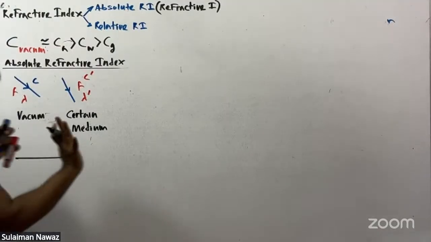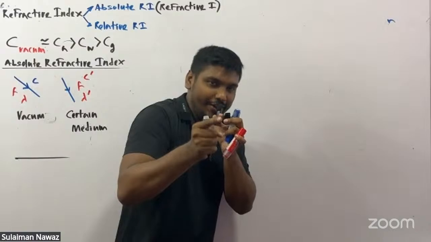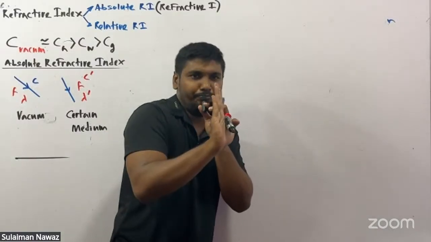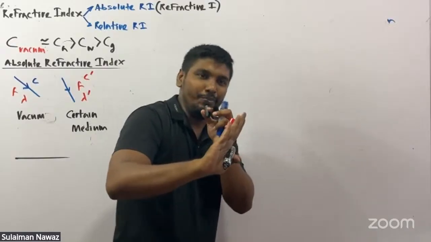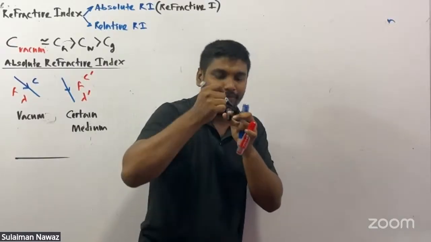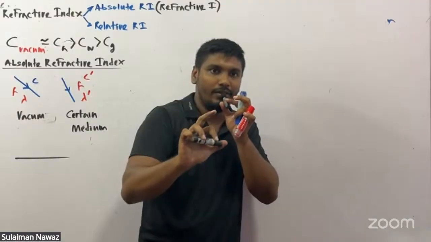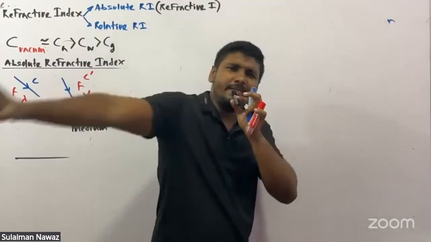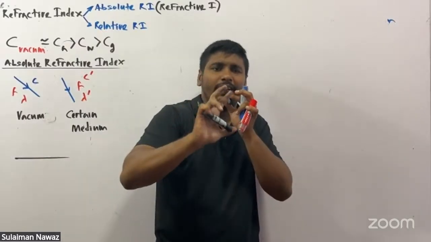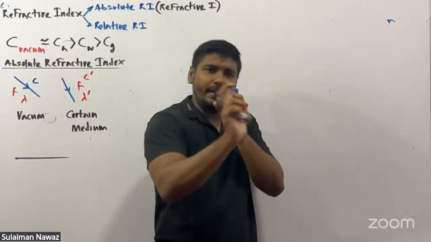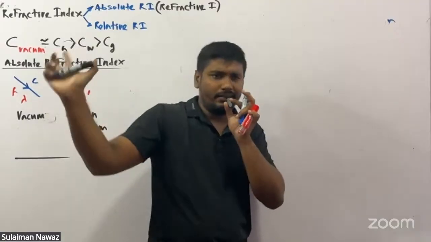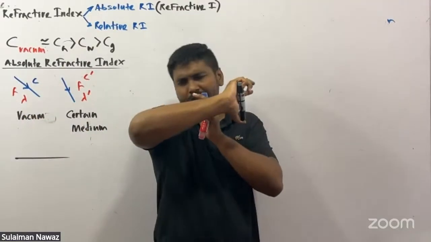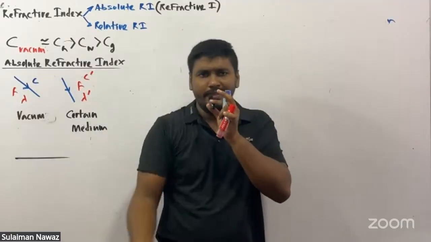Now I ask a question. We know that speed is maximum in vacuum. If you compare any medium with the vacuum, vacuum is going to be the rarer medium. Why? Because compared with any medium, vacuum has the largest speed of light. Then vacuum is always the rarer medium, and other mediums are going to be denser. Even for vacuum and water, or vacuum and glass, definitely vacuum is the rarer and the other medium is denser.